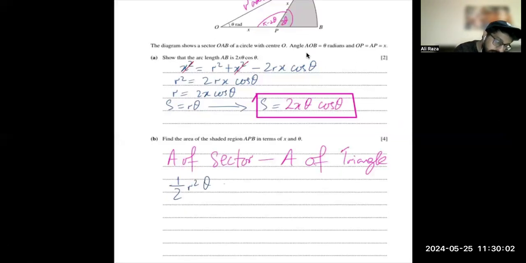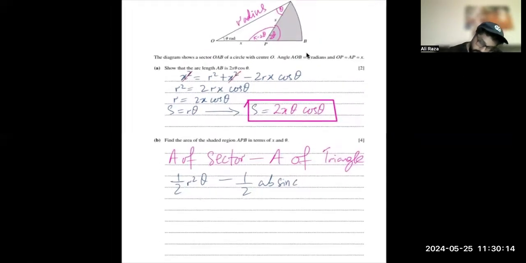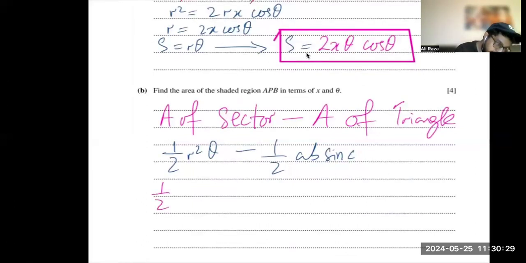Half r square theta minus half AB sine C. We have the radius as 2x cos theta.